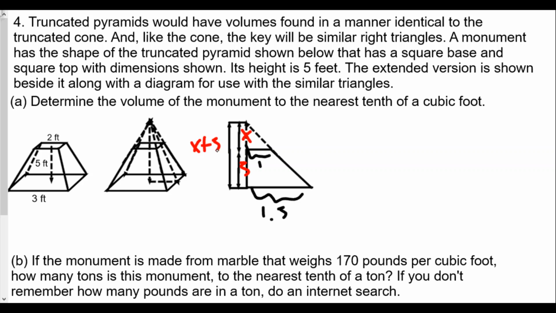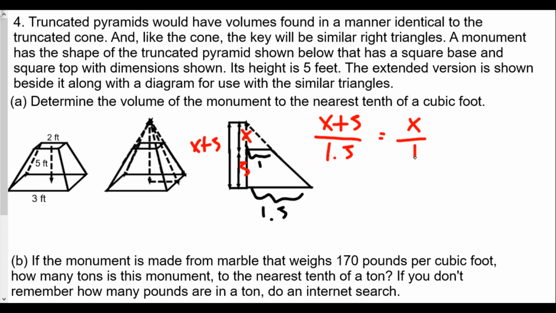And again, we have similar triangles, and the idea is that corresponding sides of similar triangles are proportional. So let's go with the big similar triangle, the height x plus 5 over its base, which is 1.5, is equal to the height of the small triangle, which is x over 1.